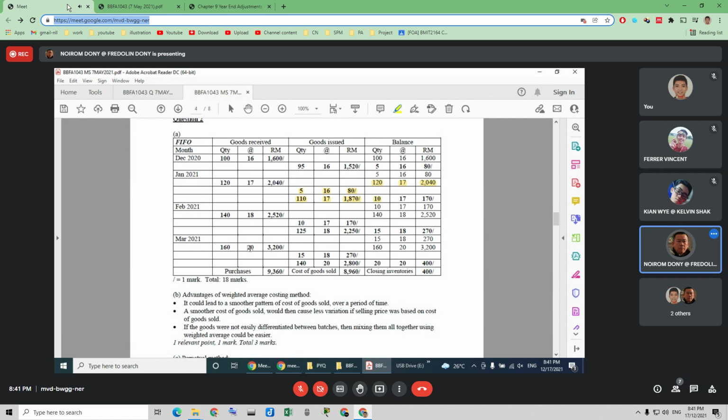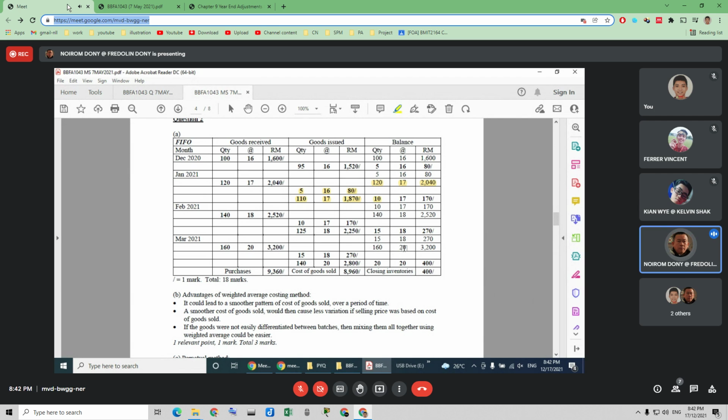So you times, so 3,200. Then update your balance. So now we have 2 available inventory. One is cost price 18 and the other one is 20.